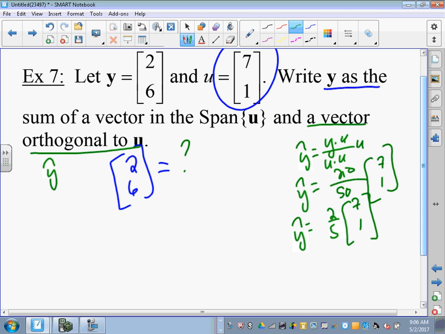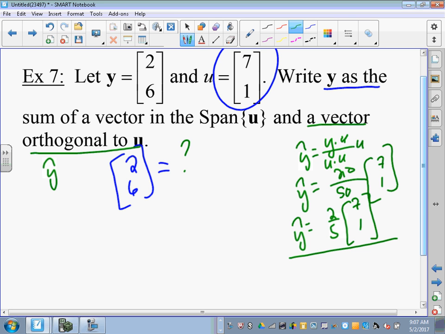So what do we need to find? Actually, I did kind of lie to you. That's y hat. It wasn't the vector that's orthogonal to it, because that's not orthogonal to it. How do we find the vector that's orthogonal to it? What do we know about 2/5 of 7, 1? Is that a vector that's orthogonal to u?